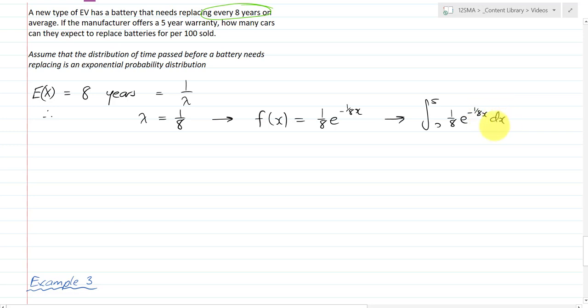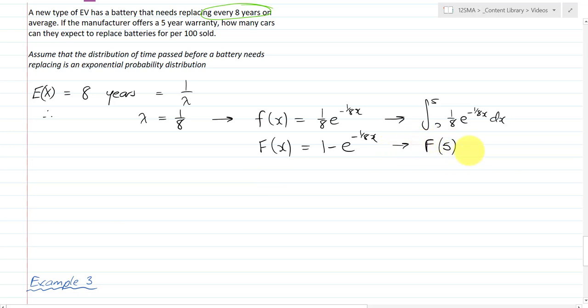and I invite you to do that now if you want to, or we can just look at the cumulative. So we just want F of x, which is equal to 1 minus e to the negative 1 on 8 x, but we want to calculate F of 5.